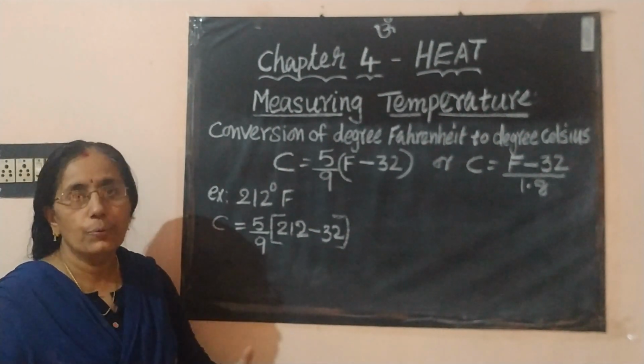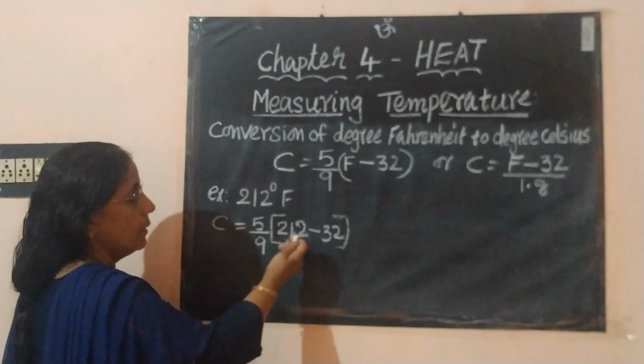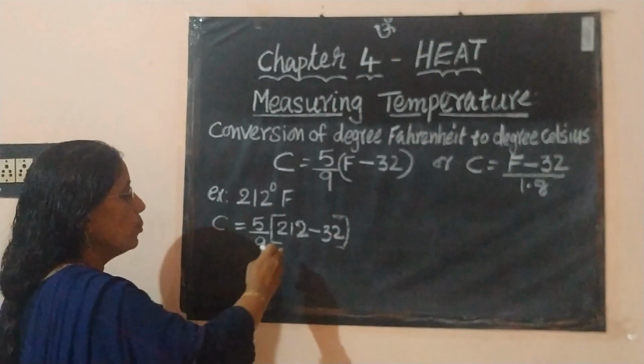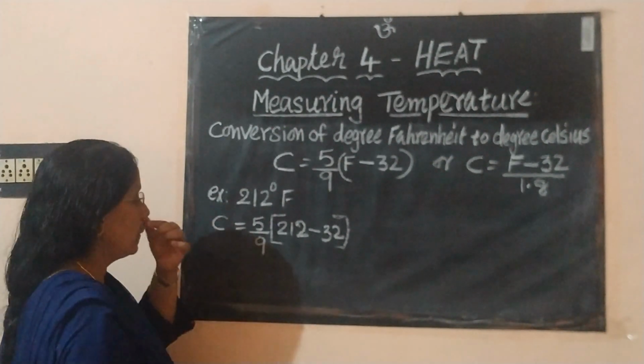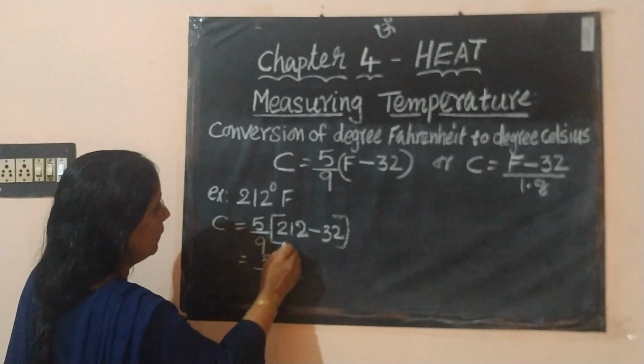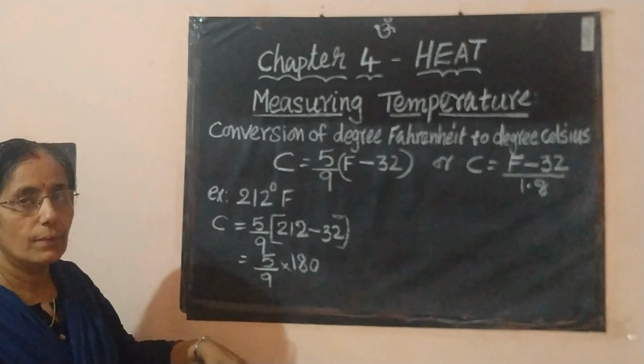Here also we have to use the BODMAS rule. So first we have to solve the bracket. You have to open the bracket first. That is 212 minus 32 is equal to 5 by 9 into 180.